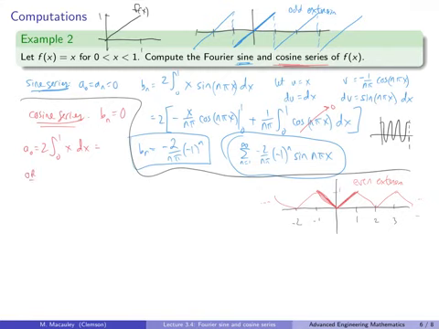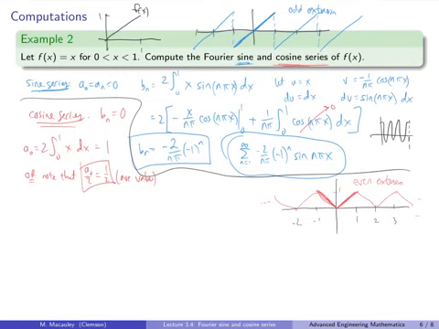So I'm going to say, or we know, note that a naught over 2 is 1/2, and this is the average value. So we know this. In other words, if we compute this integral, we should get that a naught equals 1, because a naught over 2 equals 1/2. So this thing should be equal to 1. And you can see that it is.